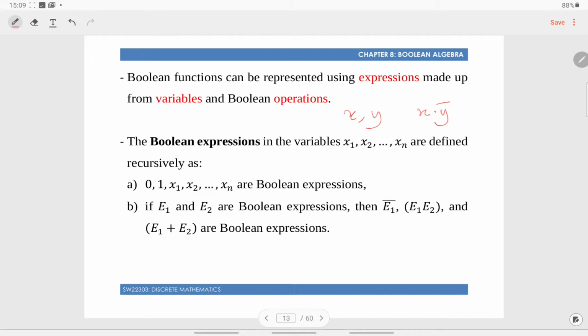The Boolean expressions in the variables x1, x2 up to xn are defined recursively as follows. 0, 1, and x1 up to xn are Boolean expressions.